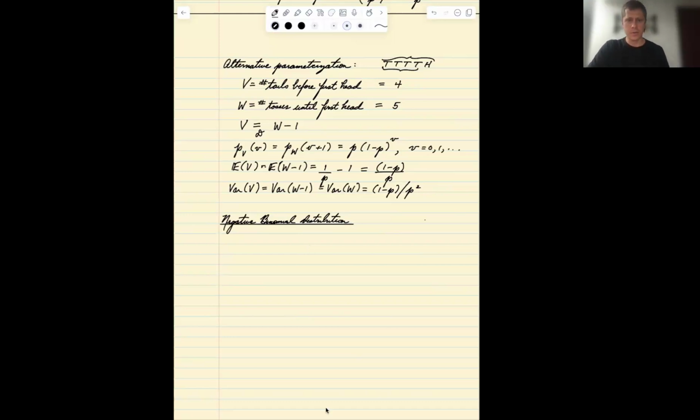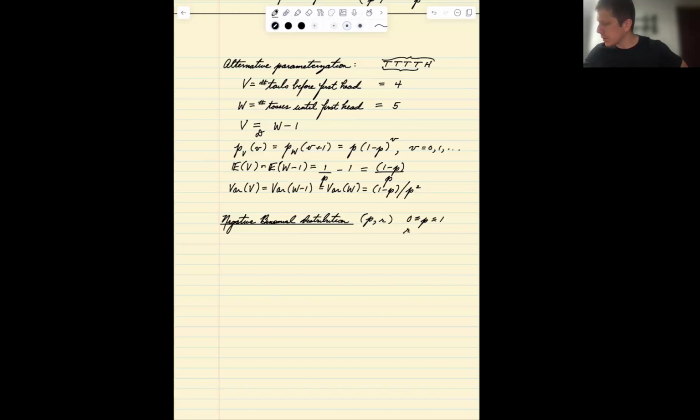So what is the negative binomial distribution? It has two parameters, P and R. P is a number between 0 and 1. It's a probability, just like in the geometric and the Bernoulli cases.